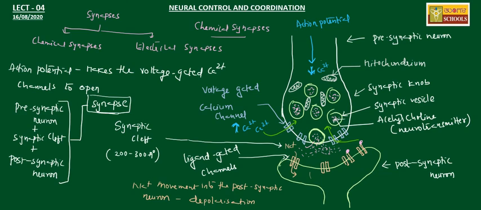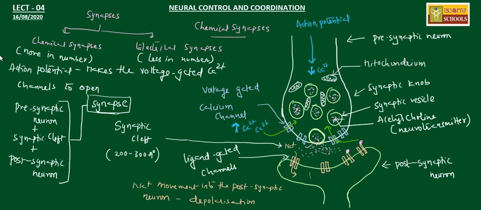Now these chemical synapses are more in number in the human body, and electrical synapses are less in number. The chemical synapse is mediated by the neurotransmitter acetylcholine.